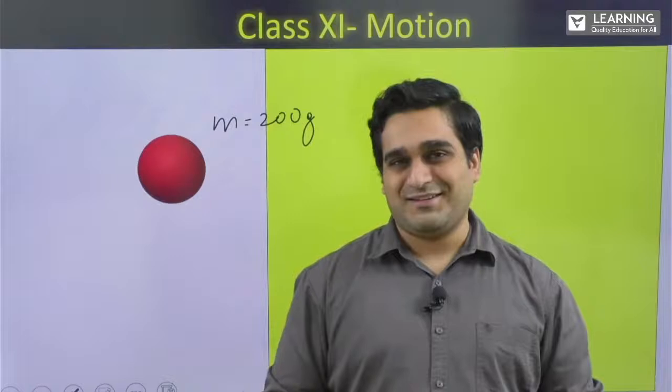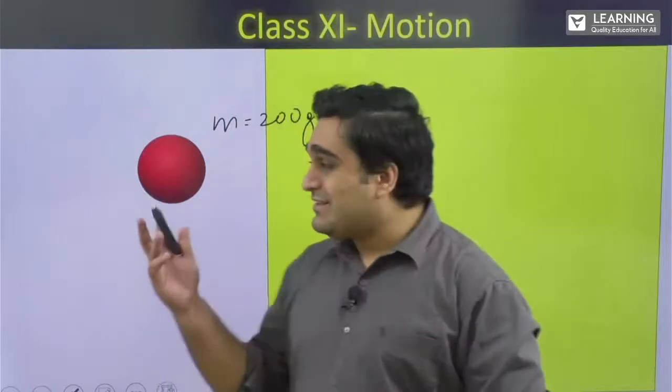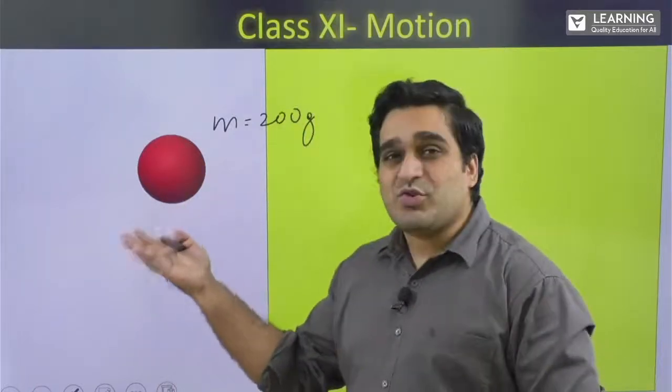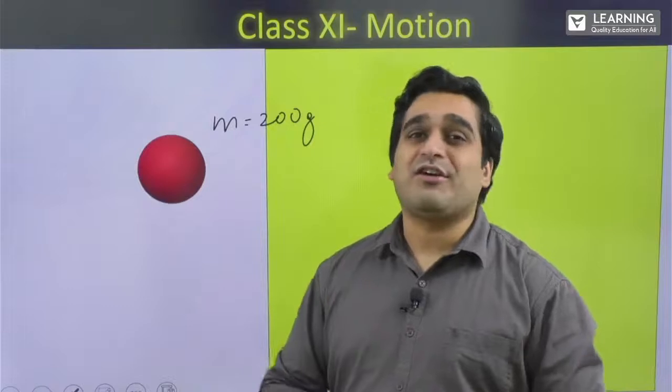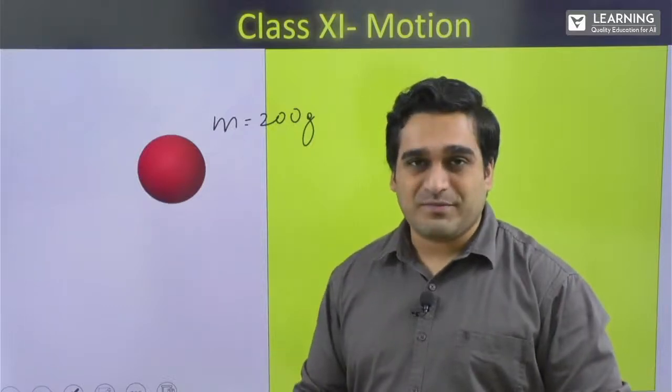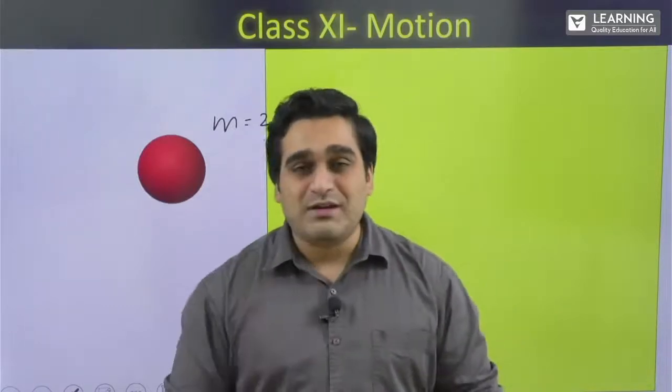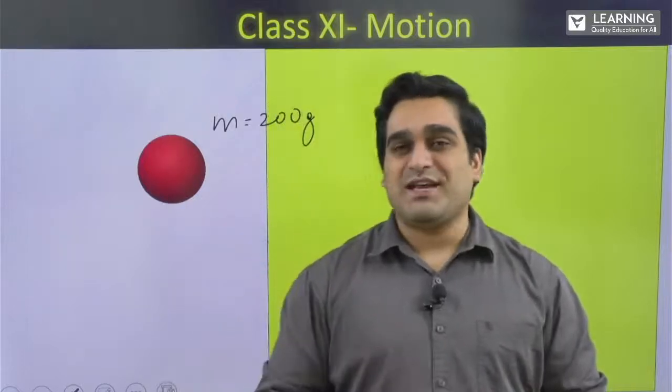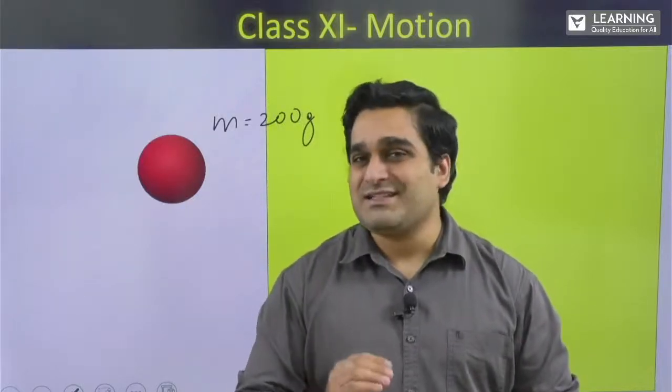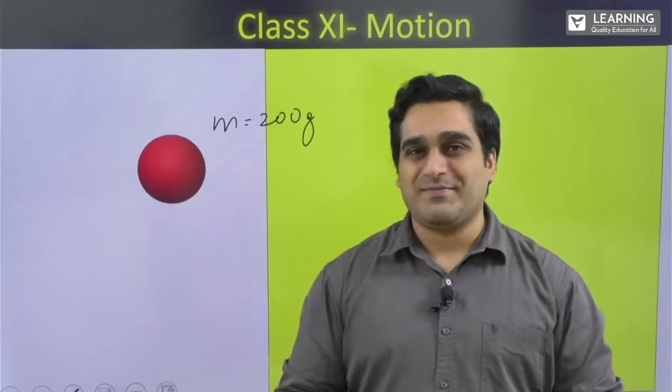Not necessary, right? So in this case, I have one such quantity which does not rely on a direction. And those quantities which do not require directions are called scalar quantities. And mass is one such example which is a scalar quantity.